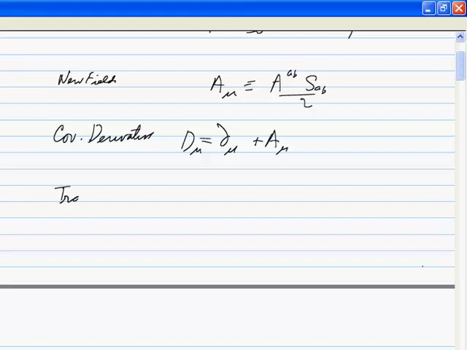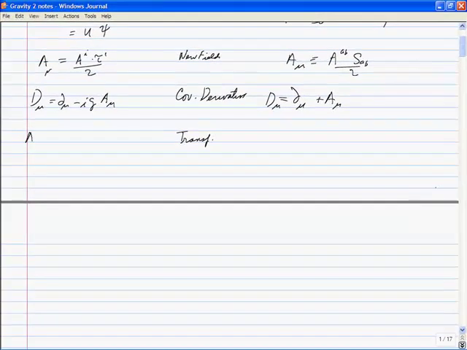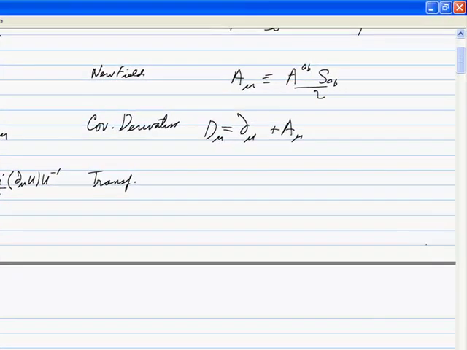The transformation is, so A prime mu is U A U^-1 minus i over G (d_mu U) U^-1. That's the gauge field in matrix notation.